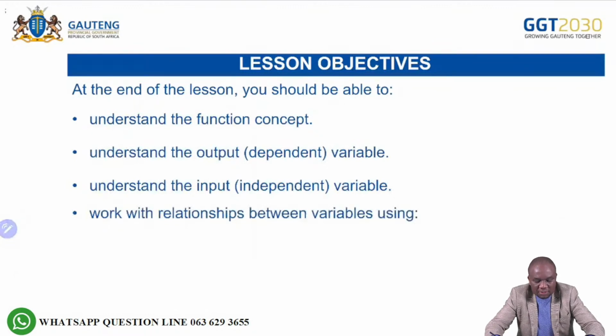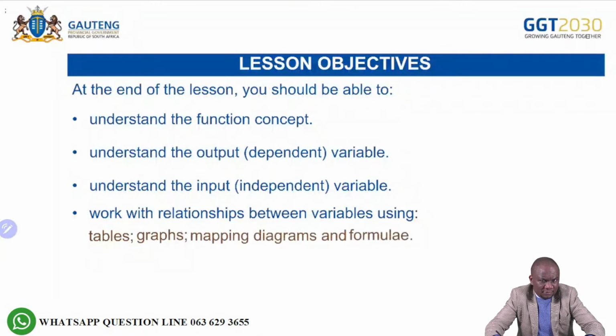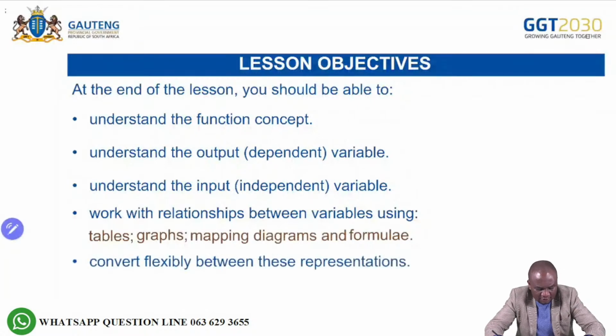And then we're going to work with relationships between variables. We're going to use tables, graphs, mapping diagrams, and formulae. These are different representations of functions. Okay, there's a lot we're going to do today. And then we're going to convert flexibly between these representations, from tables to graphs, from graphs to tables, from formulae to tables.